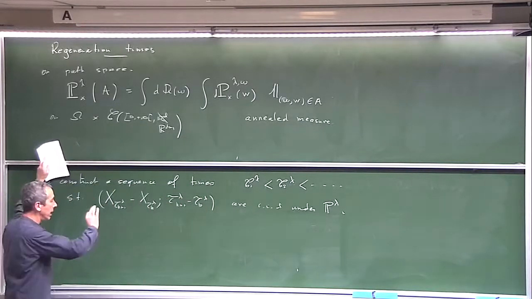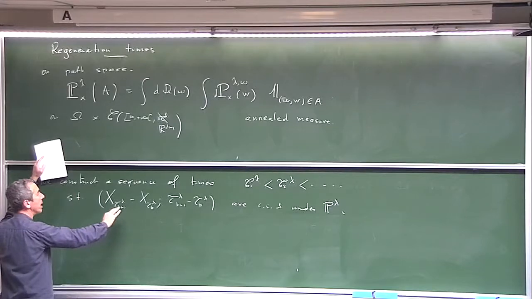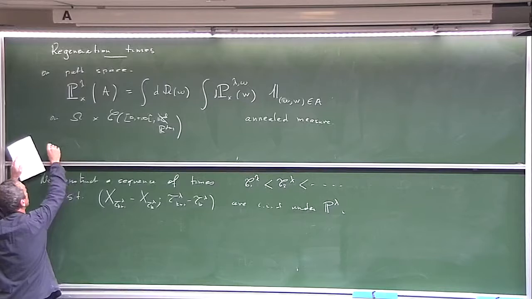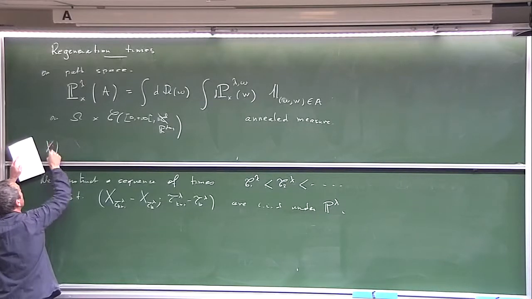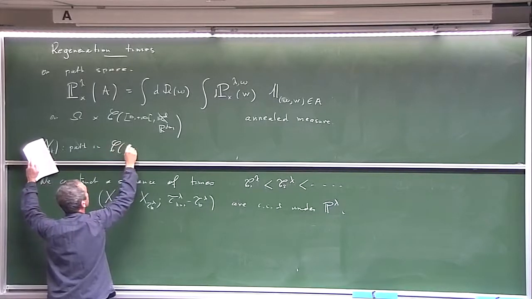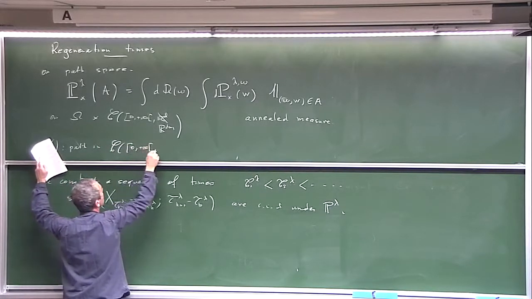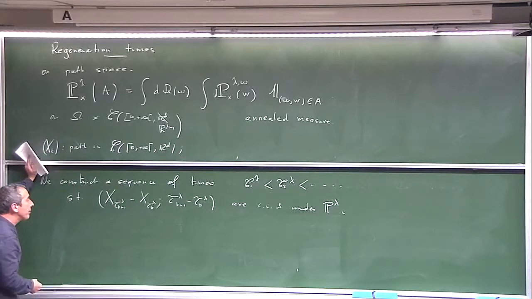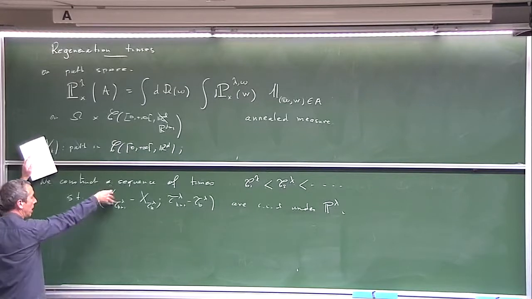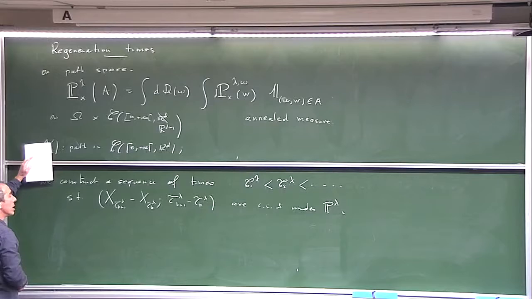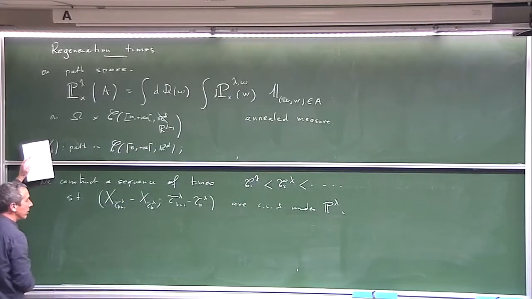So here I am only considering the diffusion, and I am on path space, and I'm using x as the coordinate process. So the x t is a path in the space of trajectories with values in R^d. Now I don't use the superscripts lambda or omega because the lambda is hidden in the measure itself.